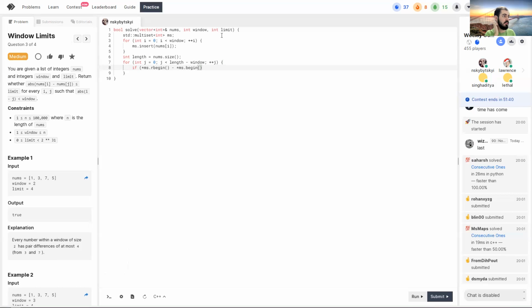We subtract this. If this difference is greater than the limit, we can immediately return false. Otherwise, we would like to insert nums[window + j], and erase. I believe to erase, we need to actually find an element.